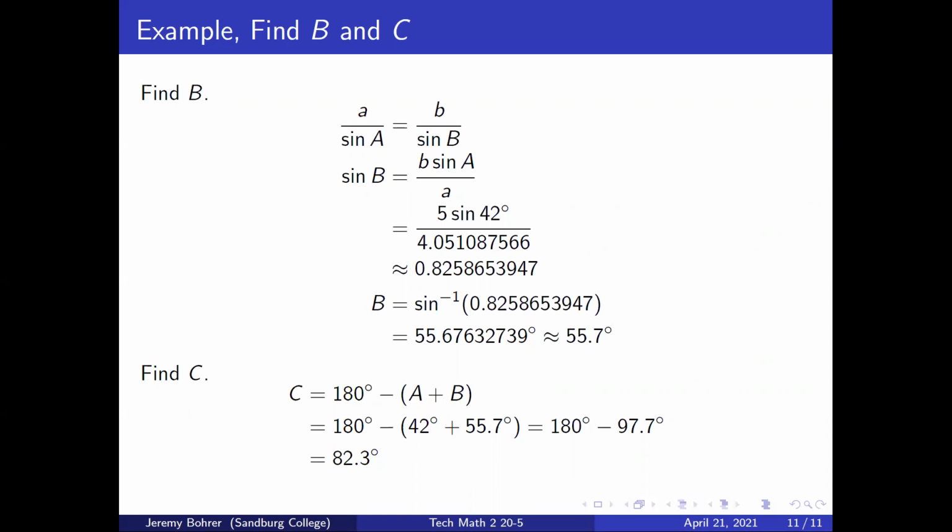So B is equal to the inverse sine of 0.8258653947, which is 55.67632739 degrees, or about 55.7 degrees. Then C is 180 degrees minus A plus B, which is 180 degrees minus 42 plus 55.7, which is 180 degrees minus 97.7, which gives us 82.3 degrees.